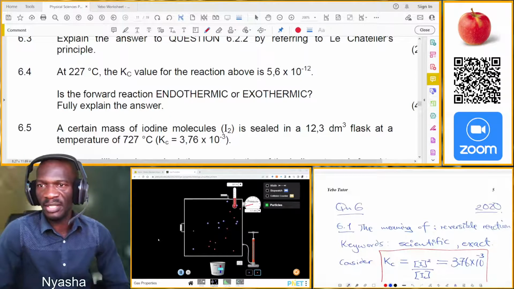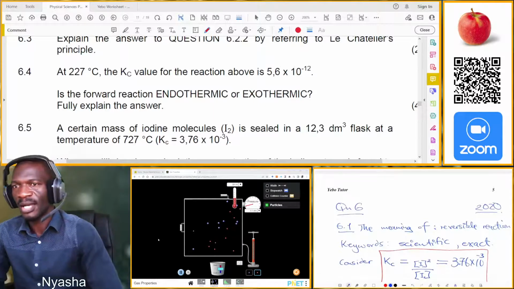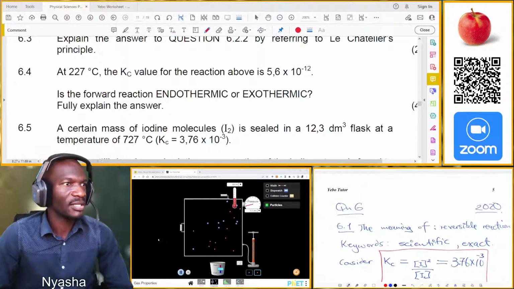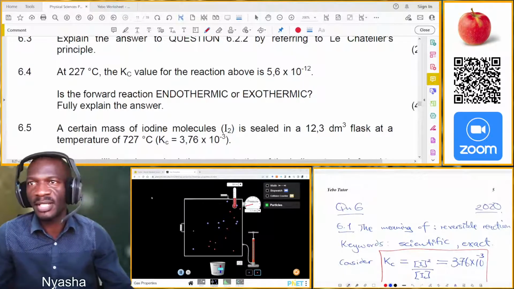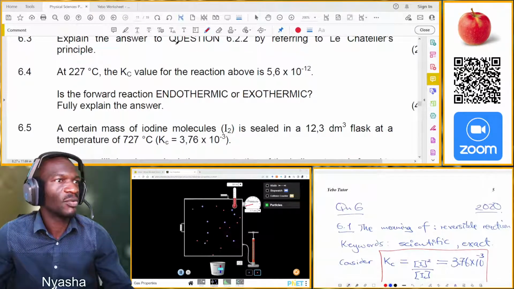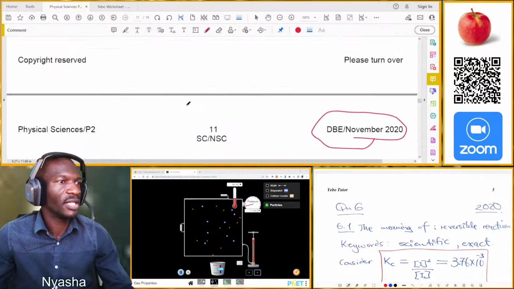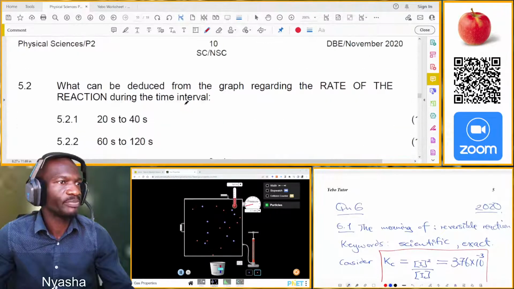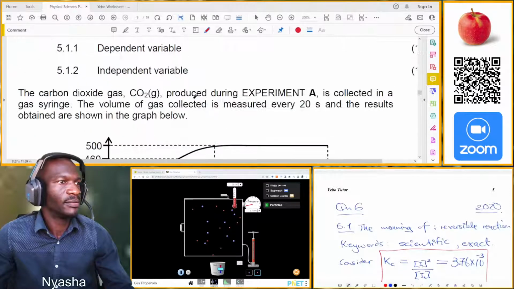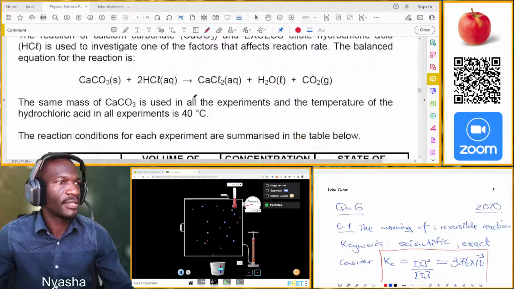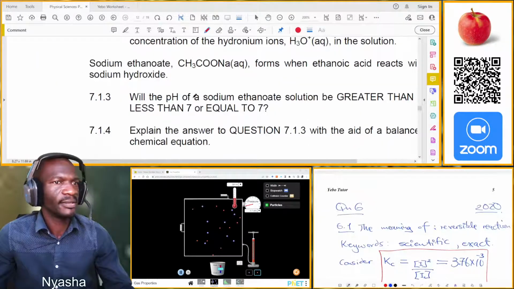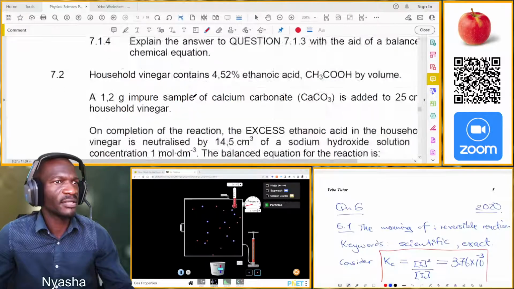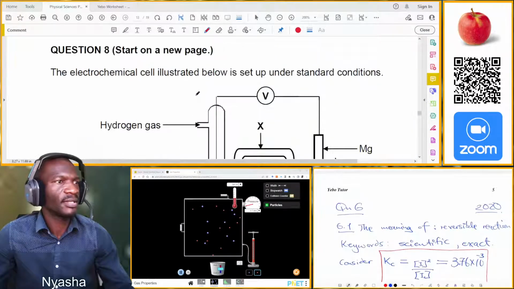We are likely to work on some electrochemistry from next week, and that should be which question? Let's see if we have the question number here. Okay, this is number 7, that's acids and bases.